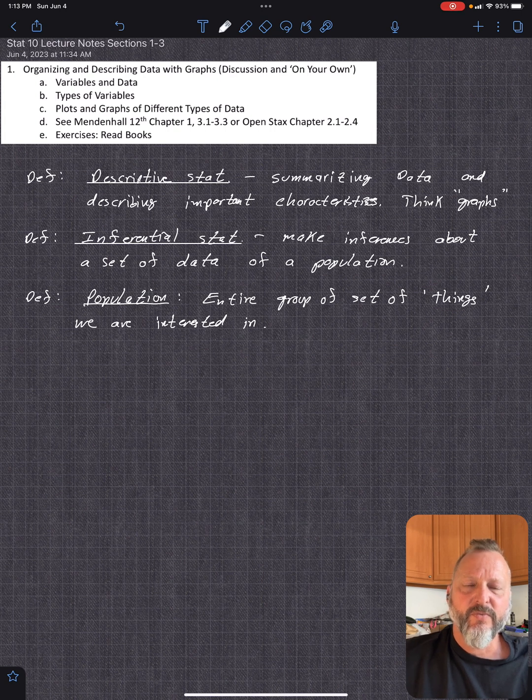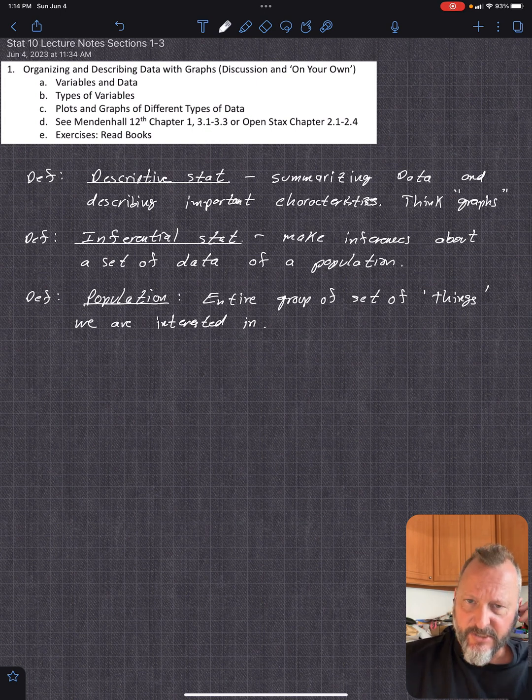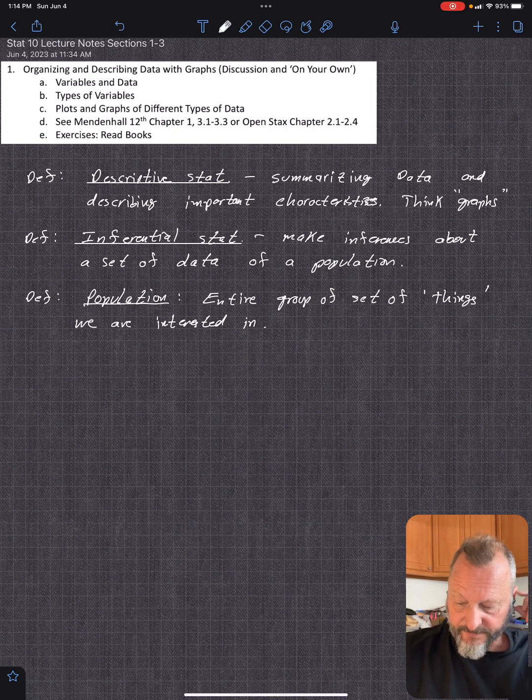What group are you referring to? And then when you dive deeper, you figure out, well, they really only tested people in Southern California, and they didn't test the rest of the population of the United States or even the world. So those are the important things and distinctions you want to make.